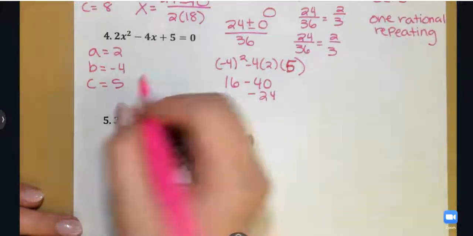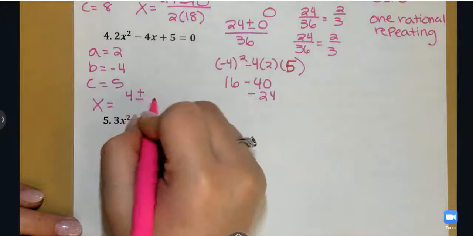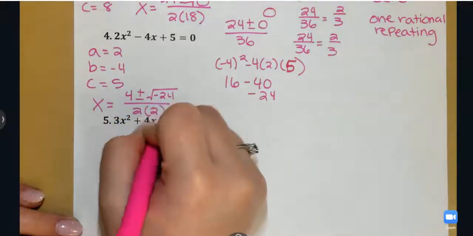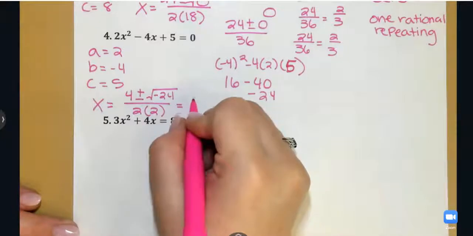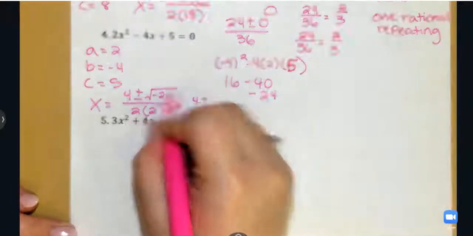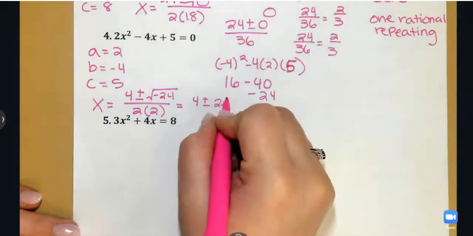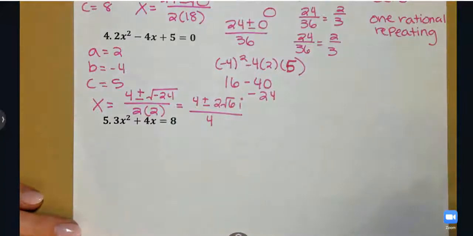Okay, so plugging this into our quadratic formula, x is going to be 4 plus or minus the square root of negative 24 over 2a. And uh-oh, I have a negative inside of a square root, but we know what to do with that. It's just going to be an imaginary number. So this is going to be 4 plus or minus the square root of 24, which simplifies to 2 square root of 6, and then I have that i because I had my negative inside of the radical.